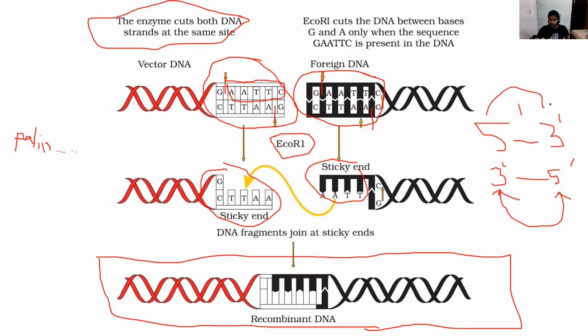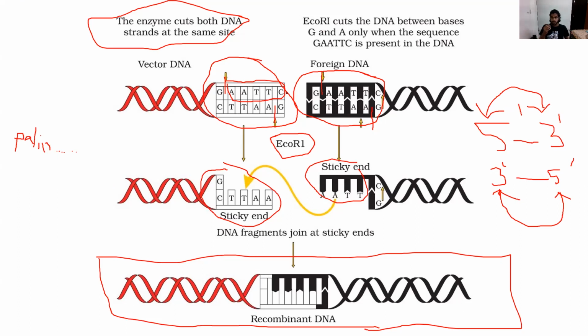And if you reverse the 5' to 3' and make it 3' to 5', it reads exactly the same as the 3' to 5', which is very clearly illustrated when it comes to ECOR1. So this is 5' to 3'. Let's flip the top. So let's flip GAATTC. What do you get? You get CTTAAG, which is essentially the bottom sequence. Flip the bottom strand, you get GAATTC, which is the top strand. So the recognition sequences of restriction enzymes are palindromic in nature.